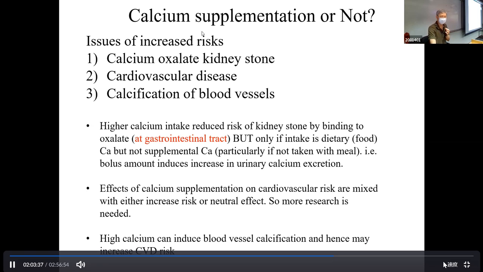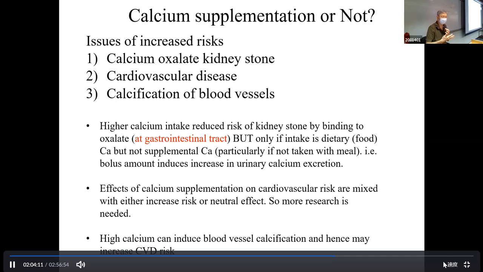But again, these are rather controversial matters, because there are positive and negative studies done, and also it depends on the amount of calcium that is being taken in, population subgroups, etc. So this is still a controversial issue related to whether calcium supplementation is good or not.